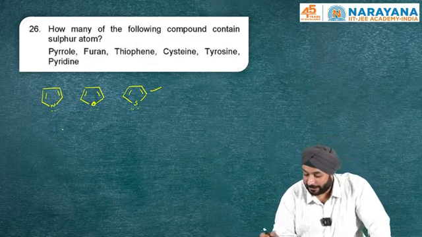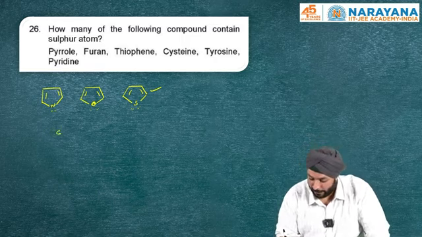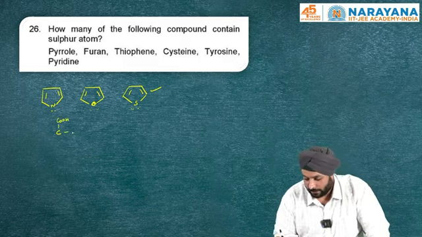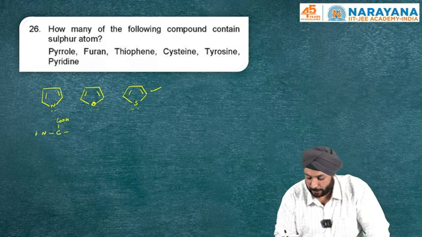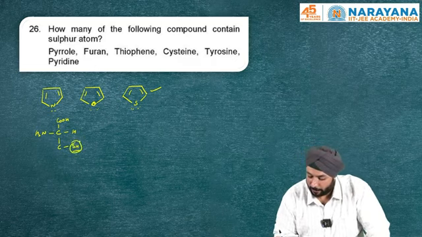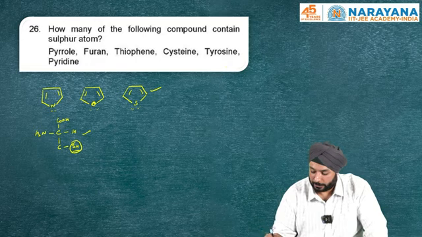And cysteine is an amino acid which contains sulfur, right? So you have carbon, COOH, NH2, H, and you have carbon, and yeah, an SH linkage is there. SH bond is there. Cysteine, so it contains one sulfur. Then tyrosine. What is tyrosine?